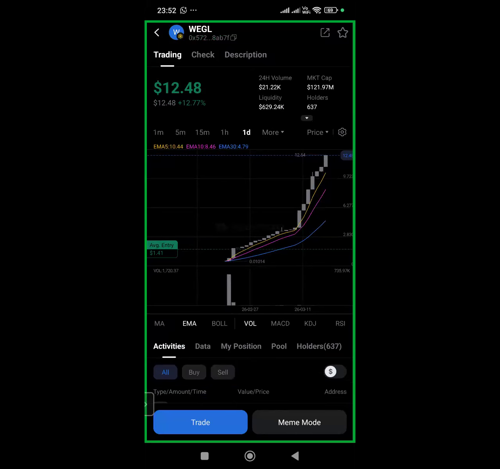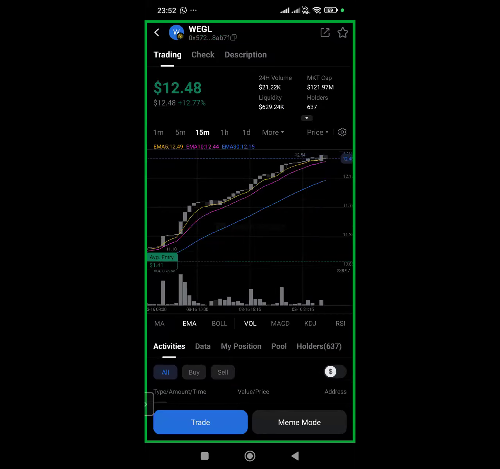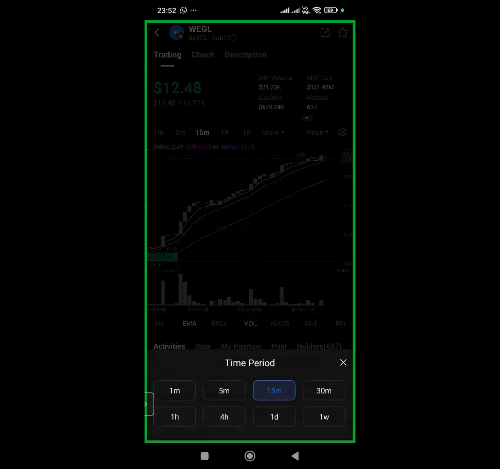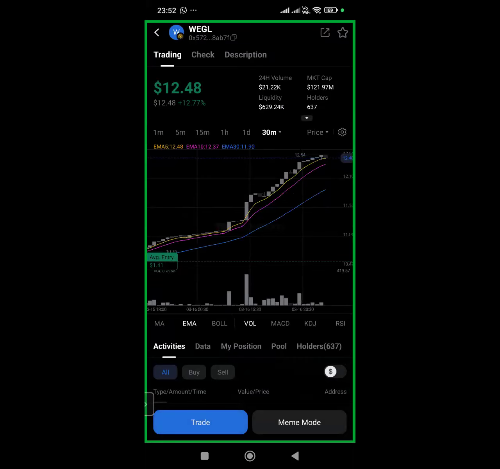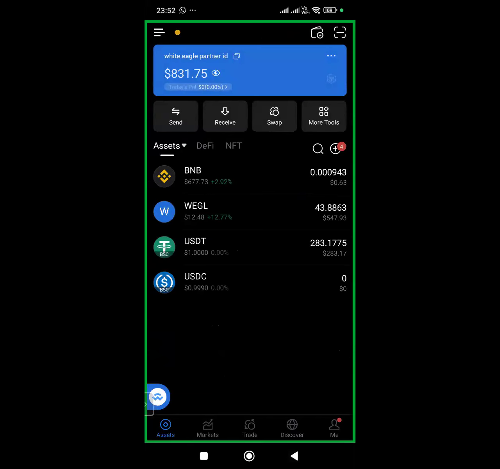This is not fake. You can watch the 1 hour graph, the 15-minute graph, the all-time graph, the 30-minute graph. Every graph you can see. So this is the reality of our project that shows the transparency and the realness of the project.